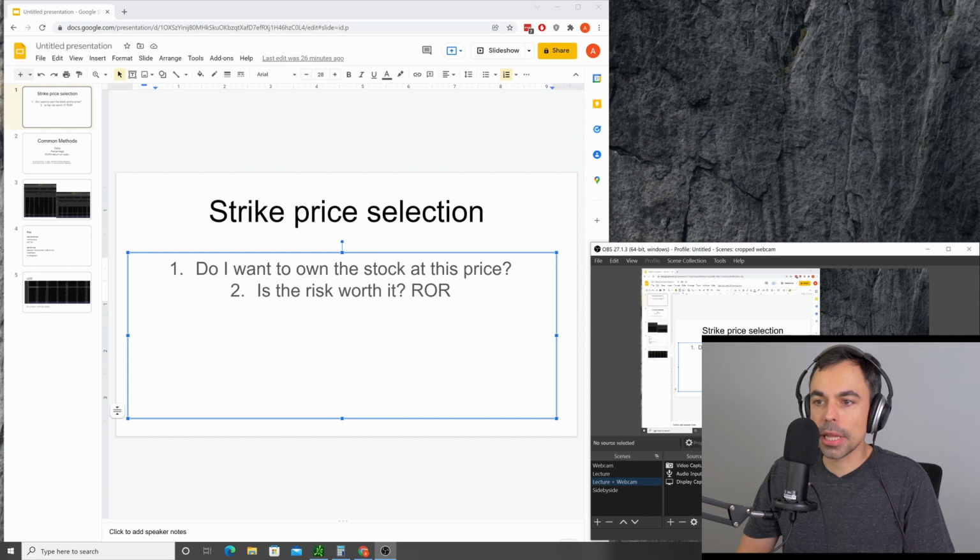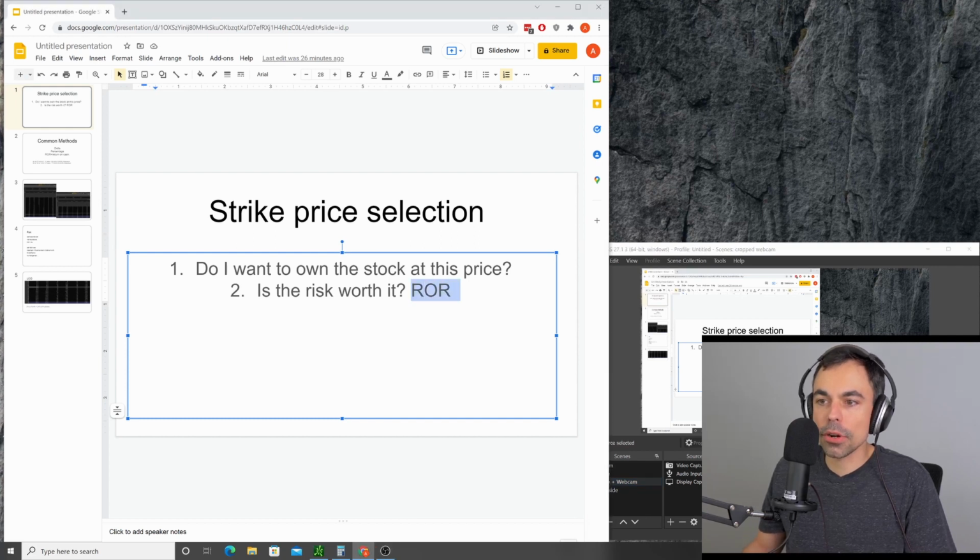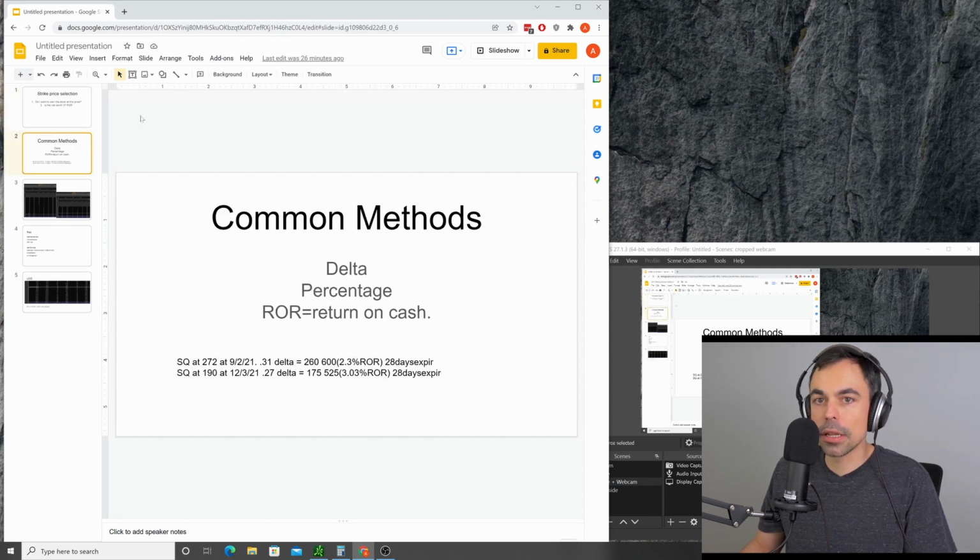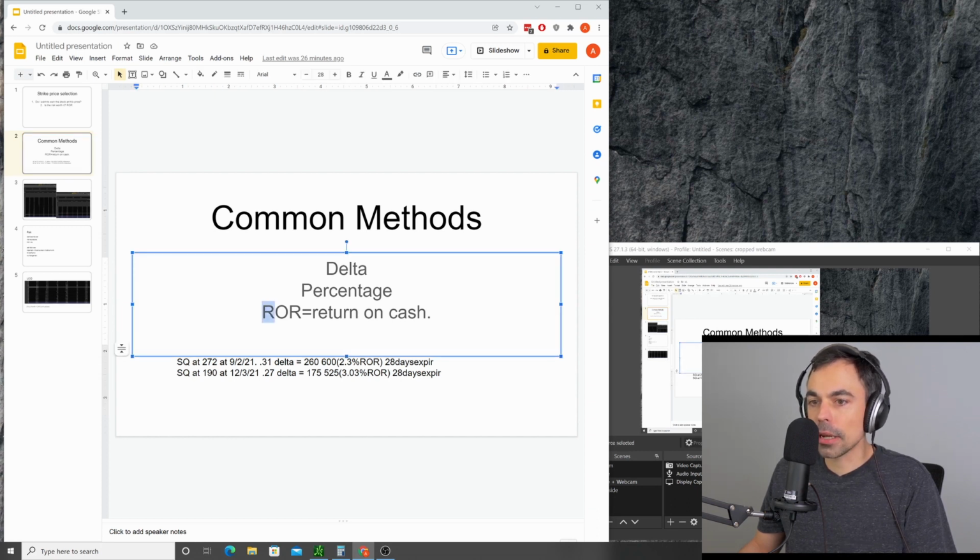And the way I determine that is the ROR, or return on risk, which is what TD Ameritrade calls this column add-on that I'll show you guys a little bit later. Some common methods that people use in the wheel strategy to determine the strike price is either using delta, the percentage discount they would get the stock at, and my personal favorite way is the ROR, return on risk.